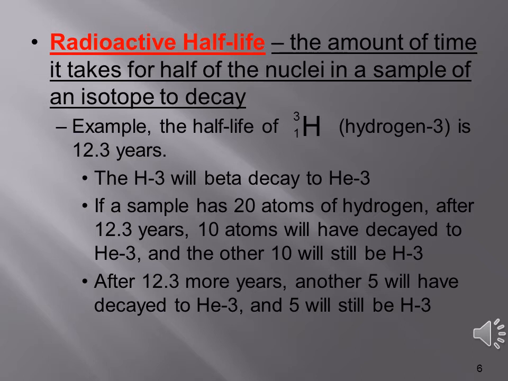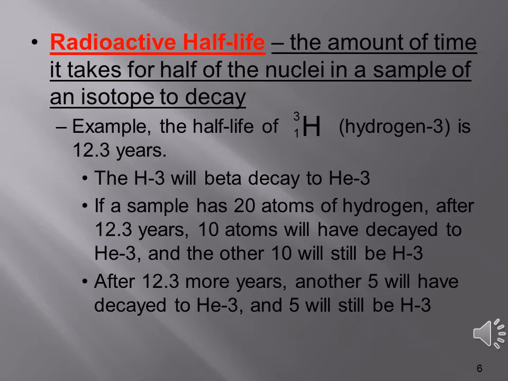For it to decay to form a helium isotope, it will take 12.3 years for its mass to reduce by half. For example, if I have this sample of an isotope of hydrogen with 20 atoms, for its mass to decrease by half to form 10 atoms, it will take 12.3 years.